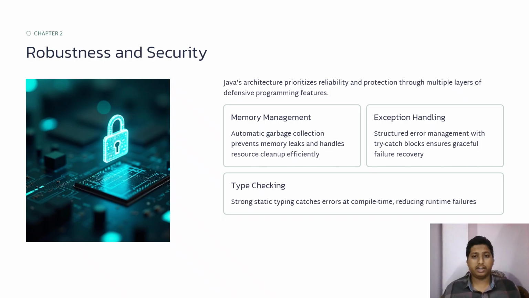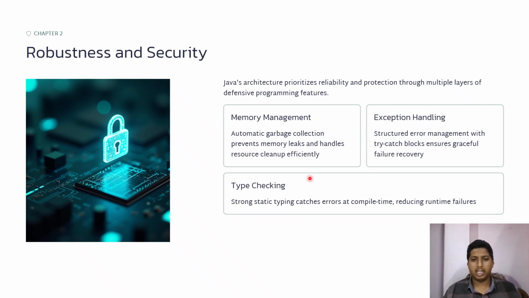Robustness and security are the main features of Java. With this, Java can be known as a strong programming language because of the robustness and security provided to Java. In this, memory management is considered.